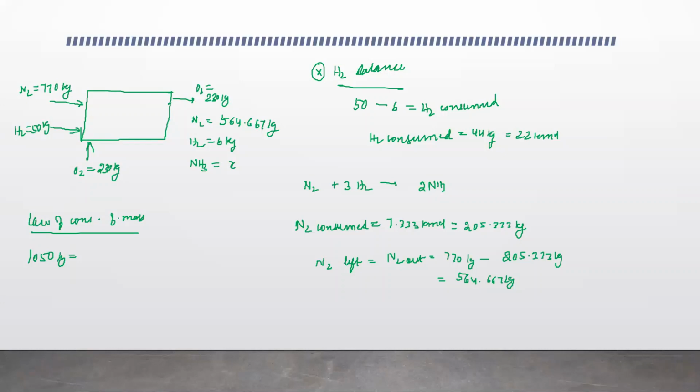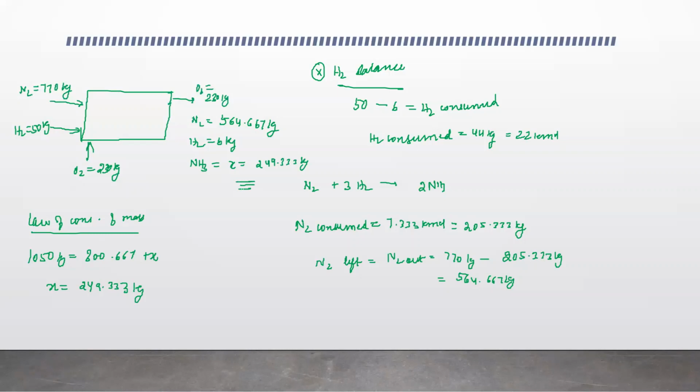That gives you 800.667 plus x. So when you solve this, you will get x as 249.333 kg, that is ammonia. All right, this we have done by the law of conservation of mass.